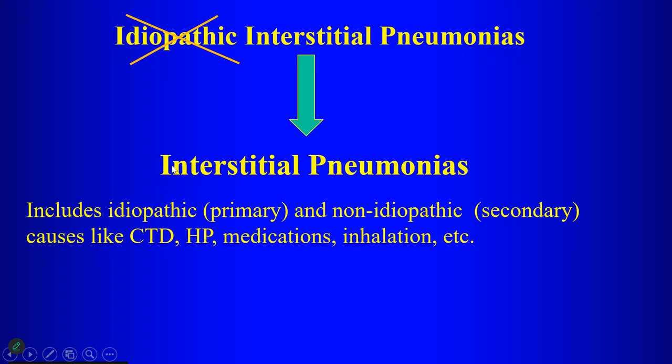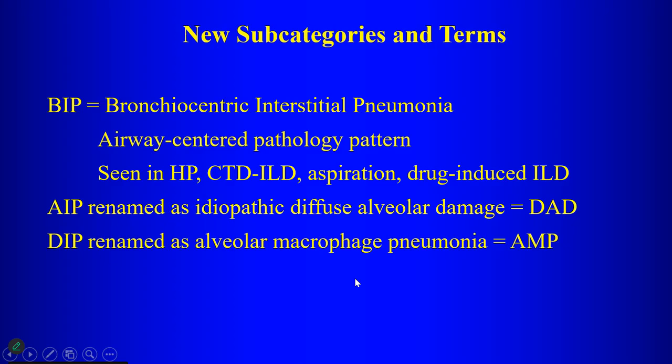So instead of idiopathic interstitial pneumonias, we now have interstitial pneumonias. And it includes the idiopathic causes and all of the non-idiopathic causes like connective tissue disease, hypersensitivity pneumonitis, medications, inhalation, all of that stuff. So they kind of lumped it all together. New subcategories, they've introduced this new category, BIP.